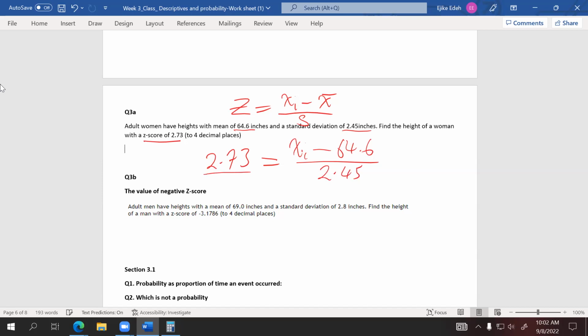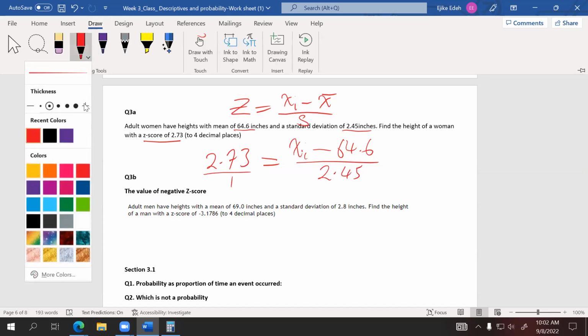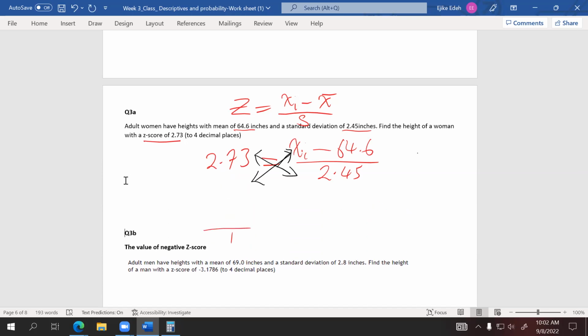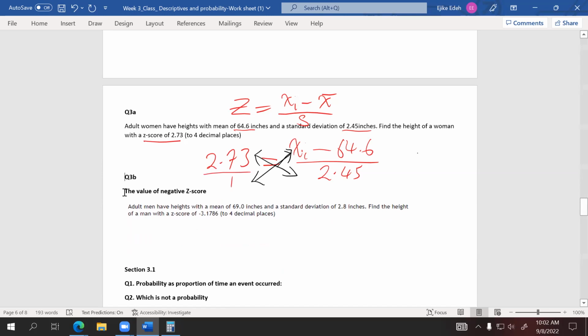So we just do a cross product, a little algebra to get what we need. You can do this anyhow you wish, but I will illustrate it this way. So we are multiplying across. If you have a quick way to solve this, I know there are shortcuts, do that.